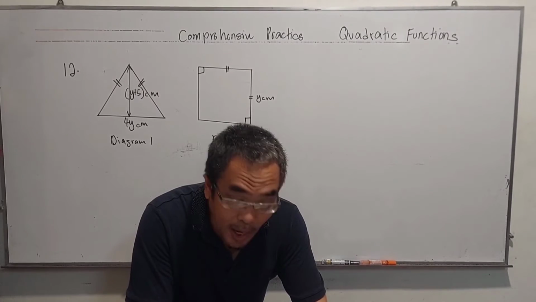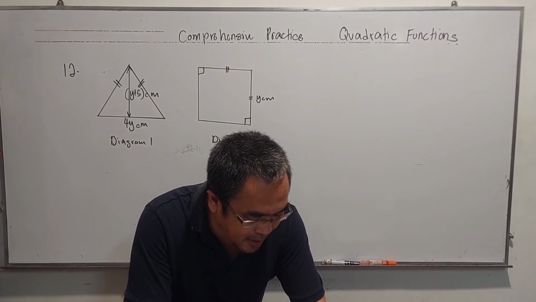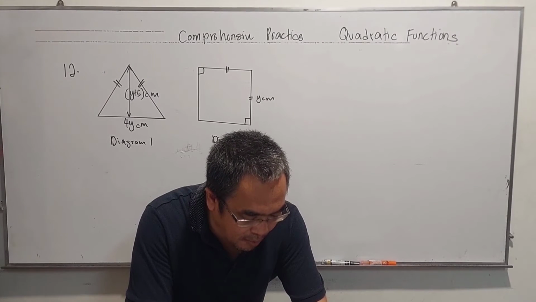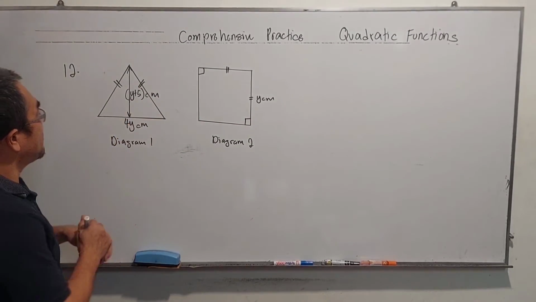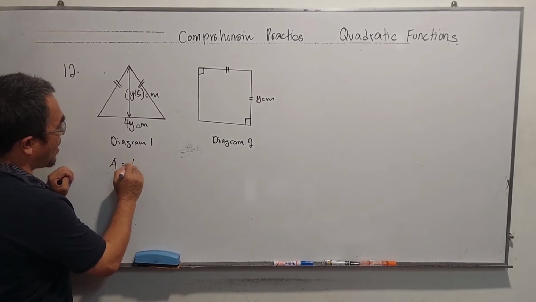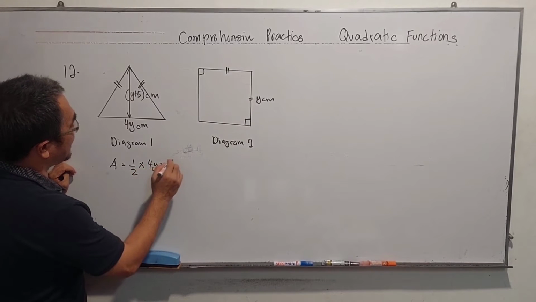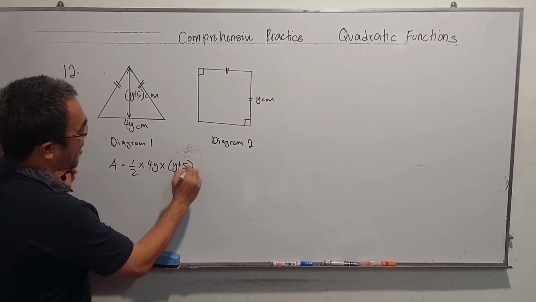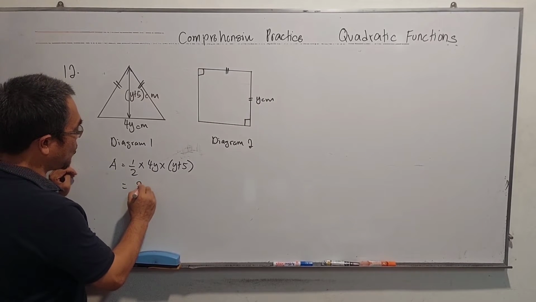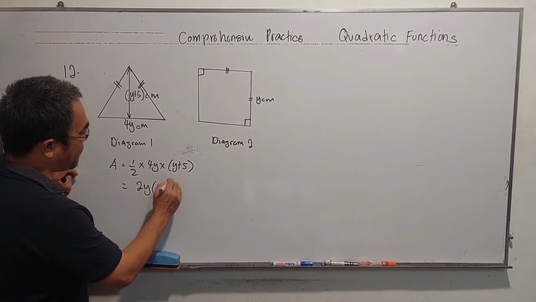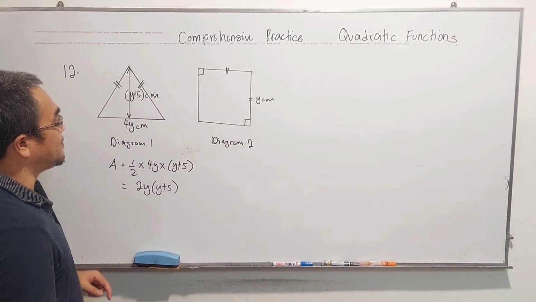Okay, so we have to work on the info given, that is the area of the triangle is more than the area of the square by 39. So we calculate the area of the triangle: 1/2 times base times height, times 4y and times y plus 5. If we simplify, you get 2y times y plus 5. Whether you expand or not, that is not important.